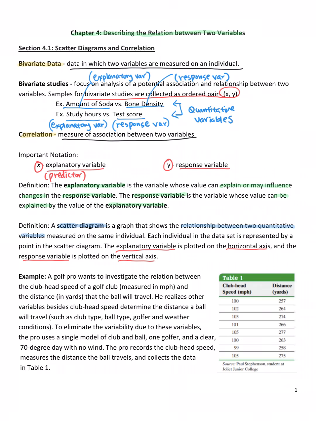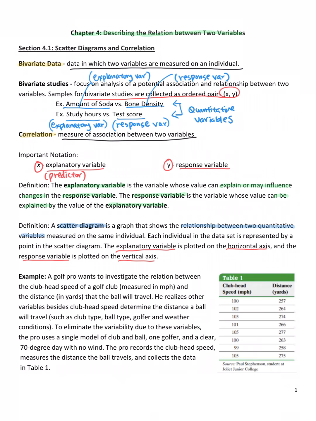A golf pro wants to investigate the relation between the club head speed of a golf club measured in miles per hour and the distance in yards that the ball will travel. He realizes other variables besides club head speed determine the distance a ball will travel, such as club type, ball type, golfer, and weather conditions.